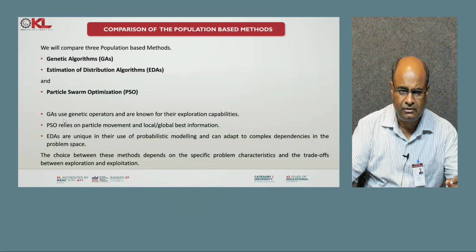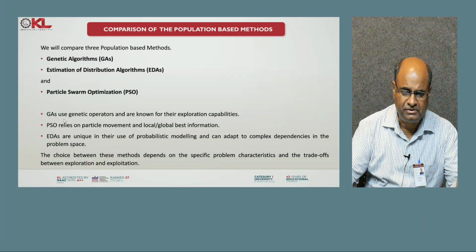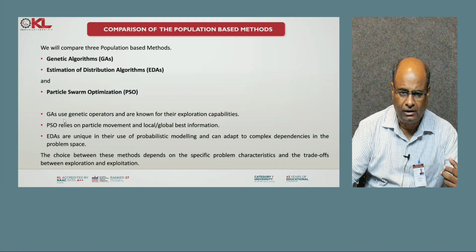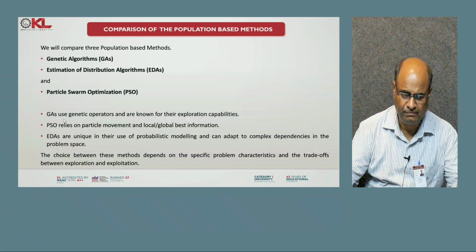So we study the three basic population based methods: one is genetic algorithm, then estimation of distribution algorithm, and the last one is particle swarm optimization. Then what is the GA? GAs use genetic operators and are known for their exploration capability.